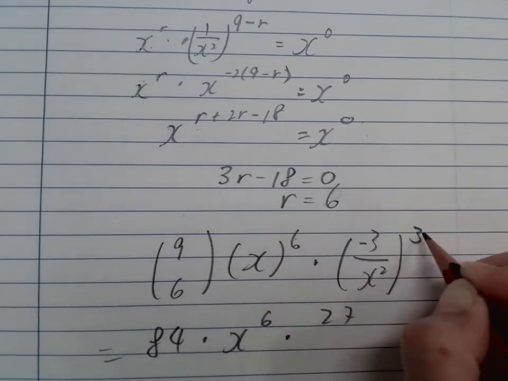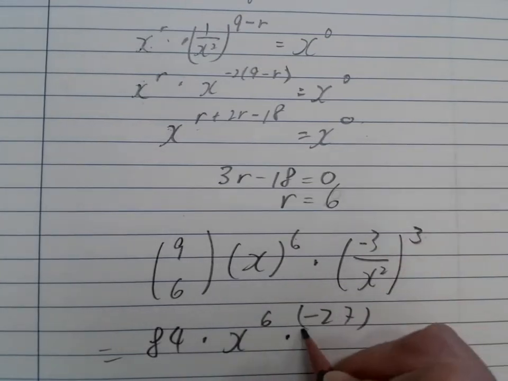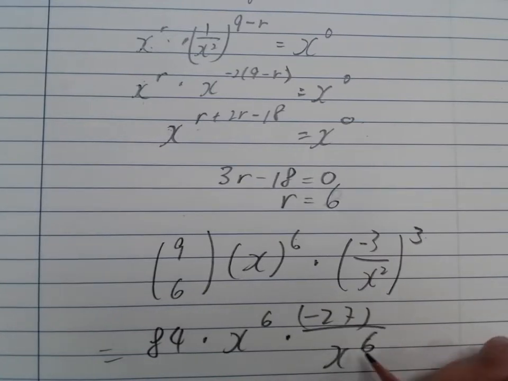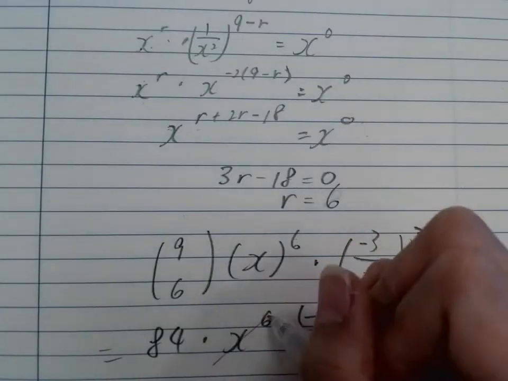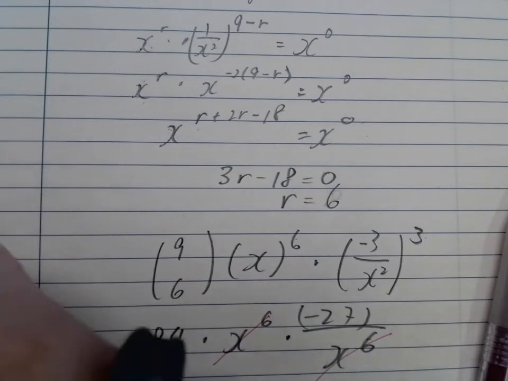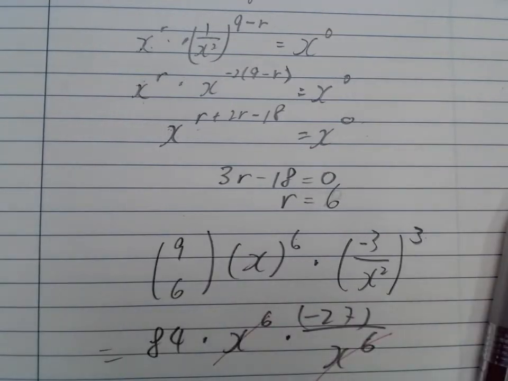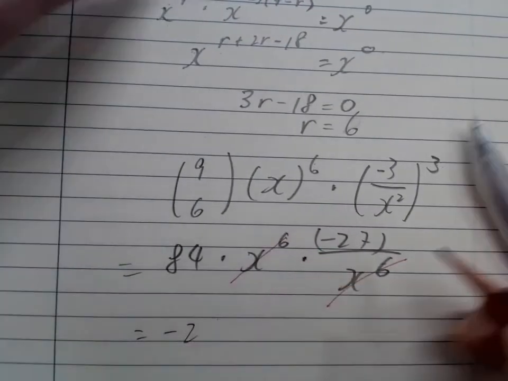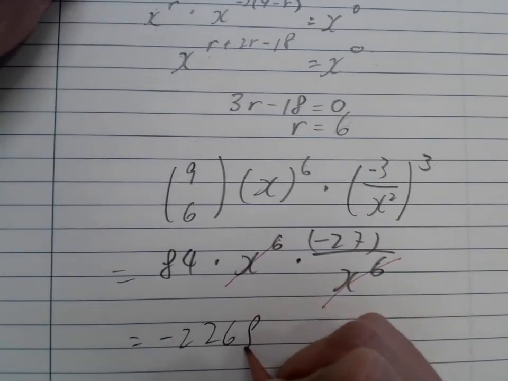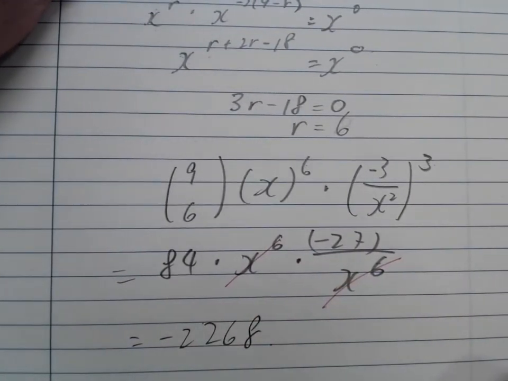Because it's a negative, it stays negative, and then to the power 6. Really, the unknowns cancel out, so we just do a little bit of multiplication again. And the answer is negative 268. And this is our constant term.